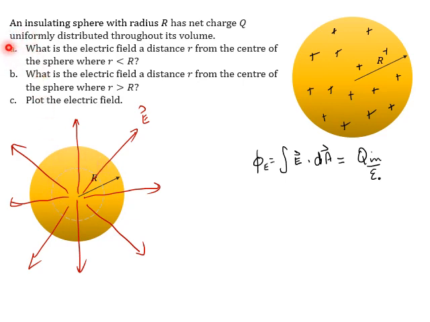Part A asks for the electric field inside the sphere. So let's draw our Gaussian surface as a sphere inside of our charged object. Our Gaussian surface is a sphere with radius r.